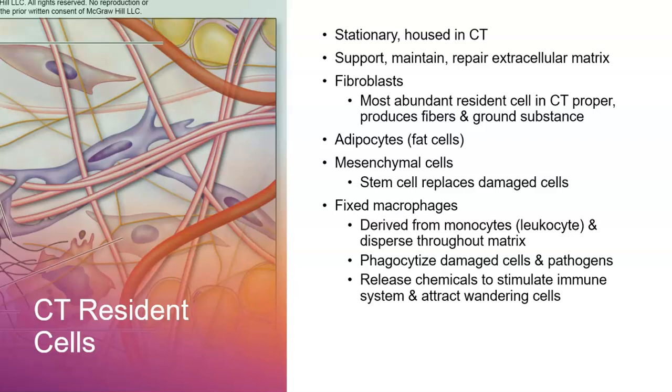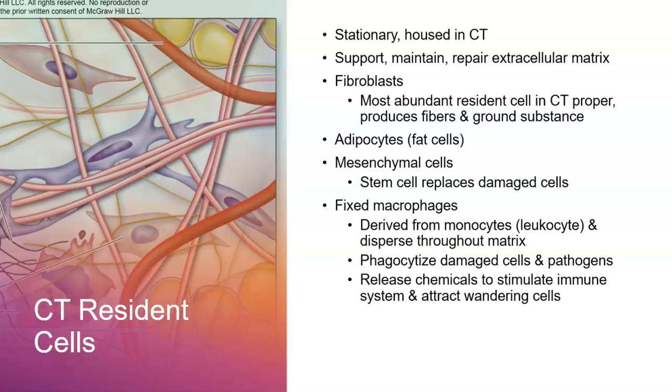And then we have something called fixed macrophages. All right, macro, what does it mean? Big. Phage, eat, chomp, chomp, chomp. So your fixed macrophages are actually derived from cells called monocytes that are one of your white blood cells. Leuco means white, cyte means cell. So your fixed macrophages are leukocytes that are scattered throughout the matrix of these tissues.